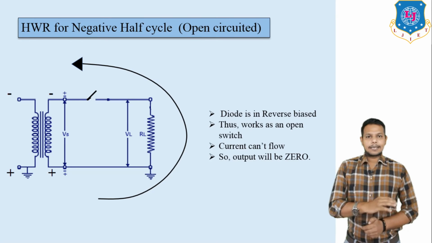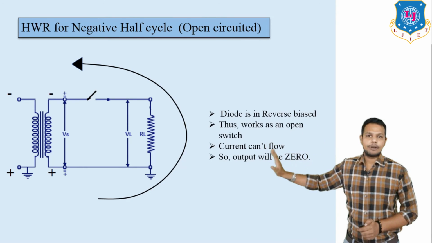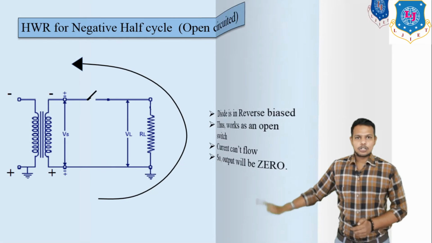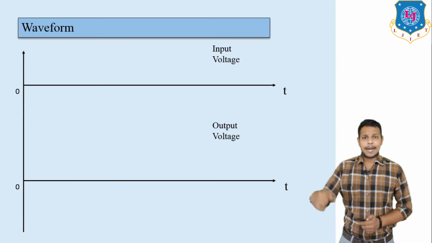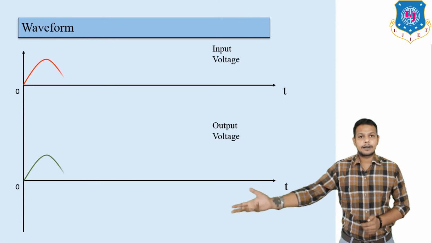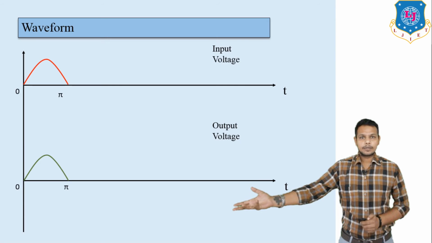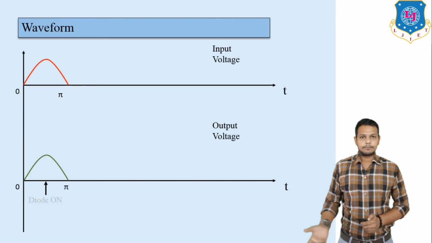So we will get nothing from this input waveform. If we enter the 0 to pi positive waveform, as we discussed in the earlier operation, we will get a similar one from the output side, 0 to pi.